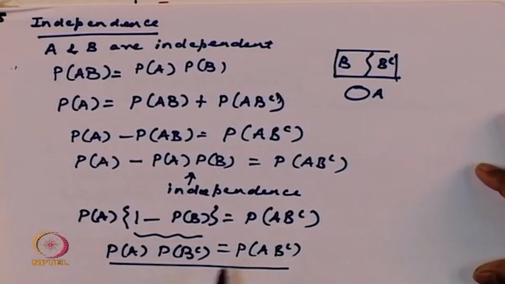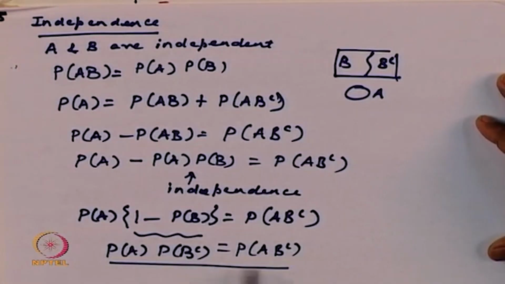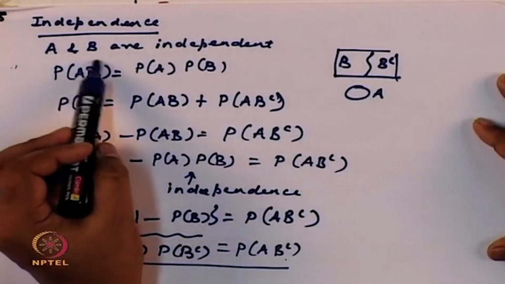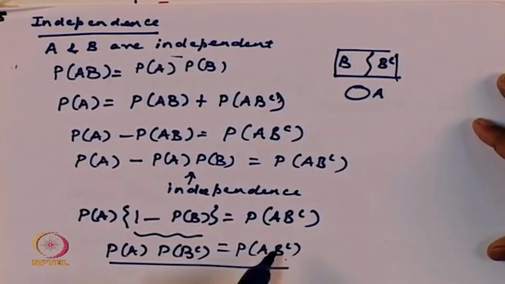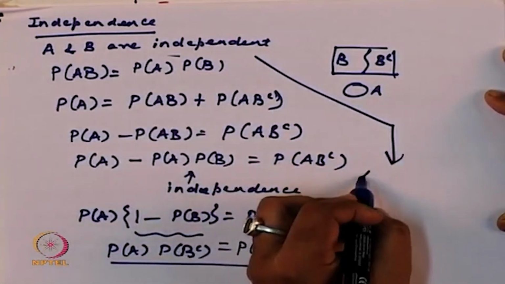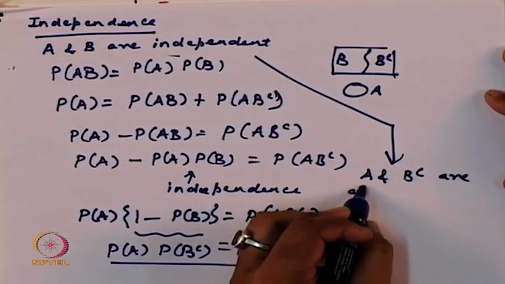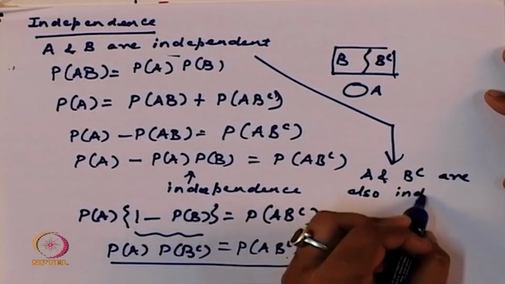What this tells you is that probability of A and B complement is equal to probability of A into probability of B complement, which means that if A and B are independent, A and B complement are also independent.